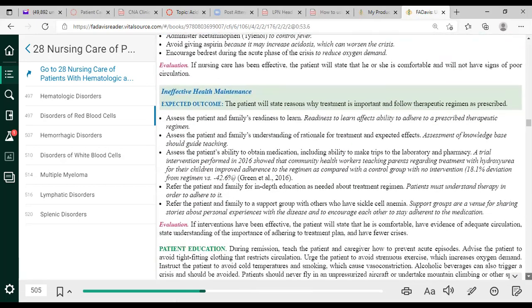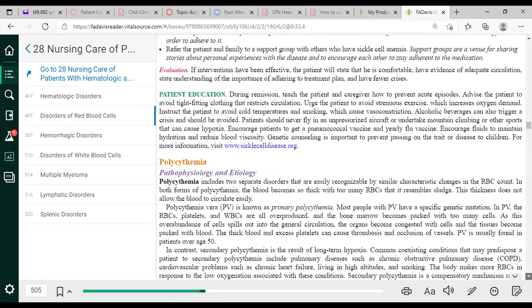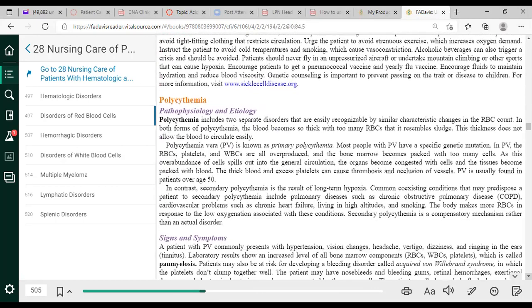And it talks about polycythemia. Poly means a lot. Will somebody read the first paragraph under pathophysiology and etiology?